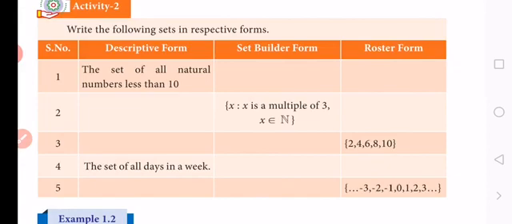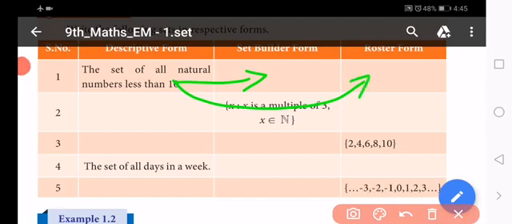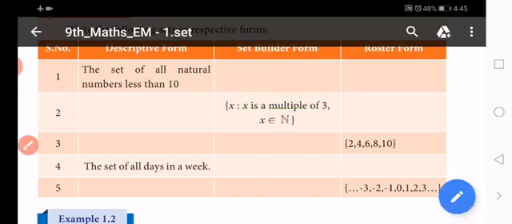For example, the set of all natural numbers less than 10 in descriptive form; write it in set builder form and write it in roster form. This is your homework. Write so many examples and try to convert one form to another form.